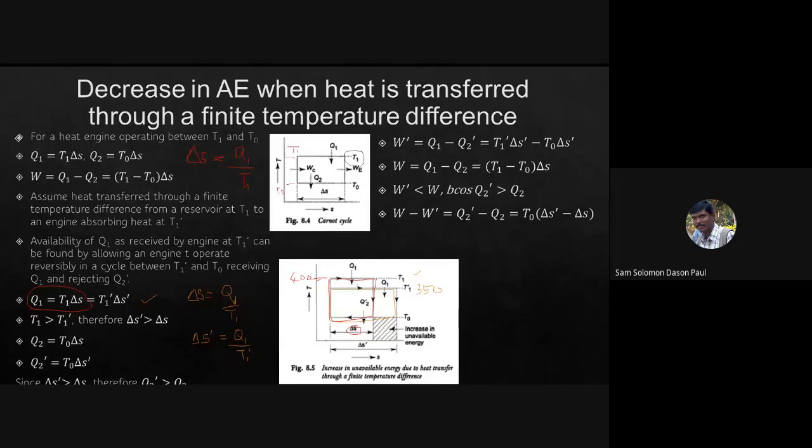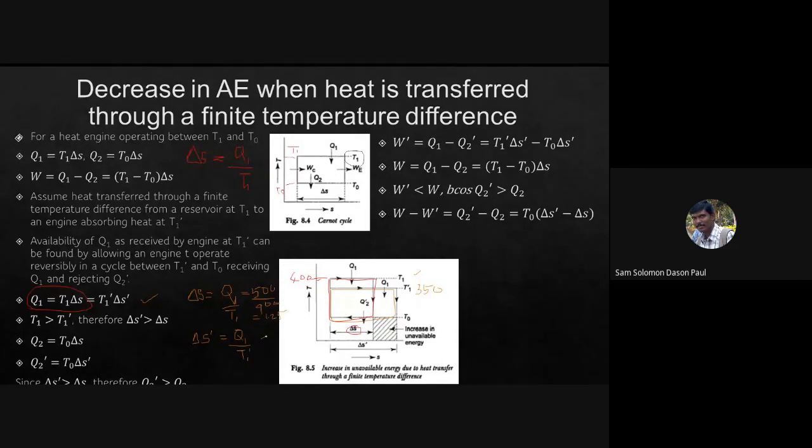What you should remember is this Q1 is the same entity, 500 kilojoule. So 500 divided by 400, for example, which is 5 by 4. So is it 1.25?